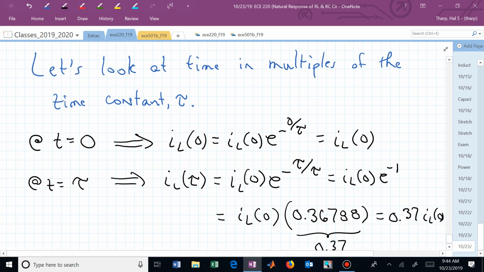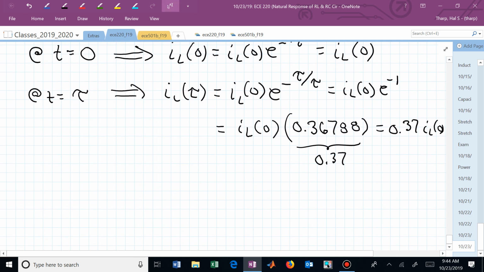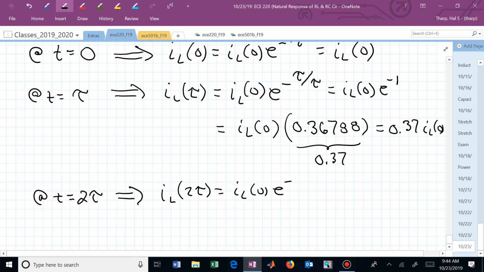We're 37% of where we were beginning. Now if we say, well, what happens when we're at 2 time constants into the expression or into this functional curve? We now have I sub L of 2 tau, which is I sub L of 0 e to the minus 2 tau over tau, or I sub L of 0 e to the minus 2.